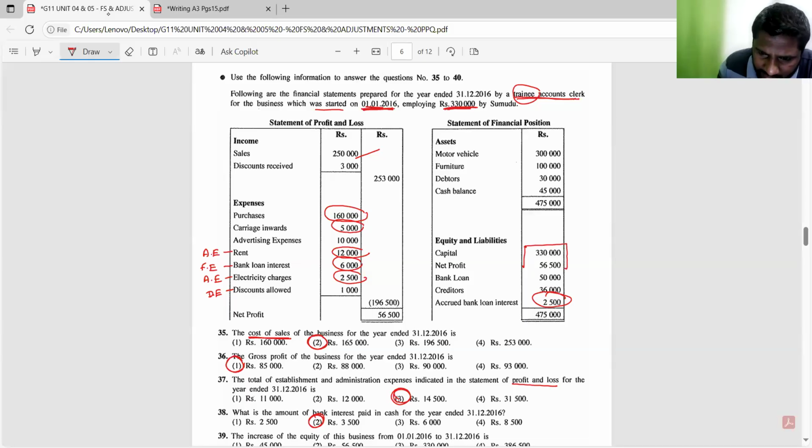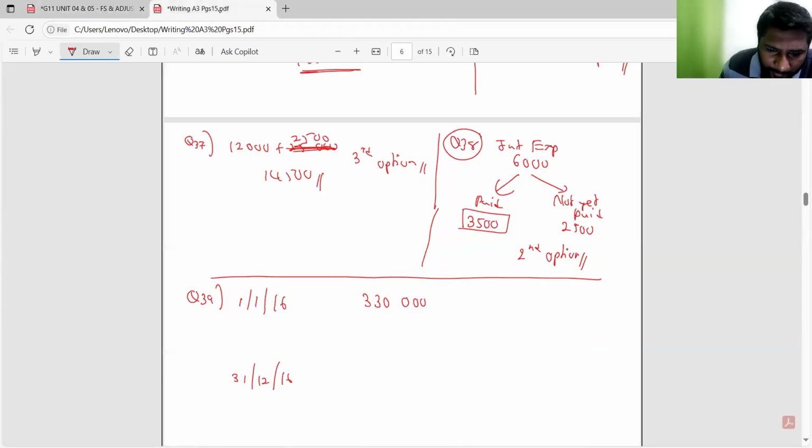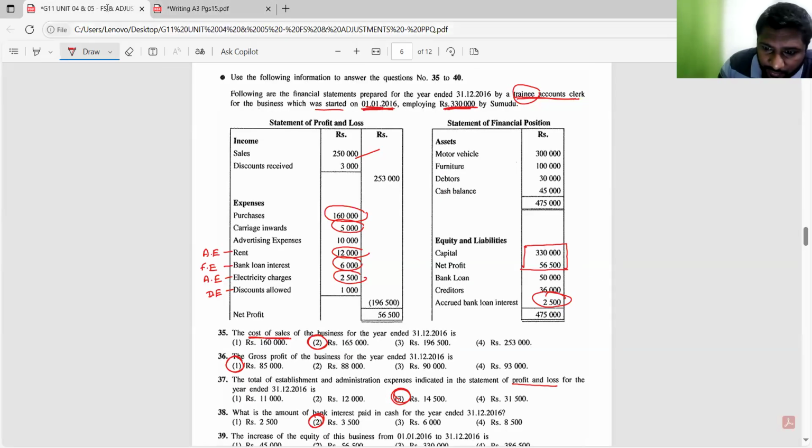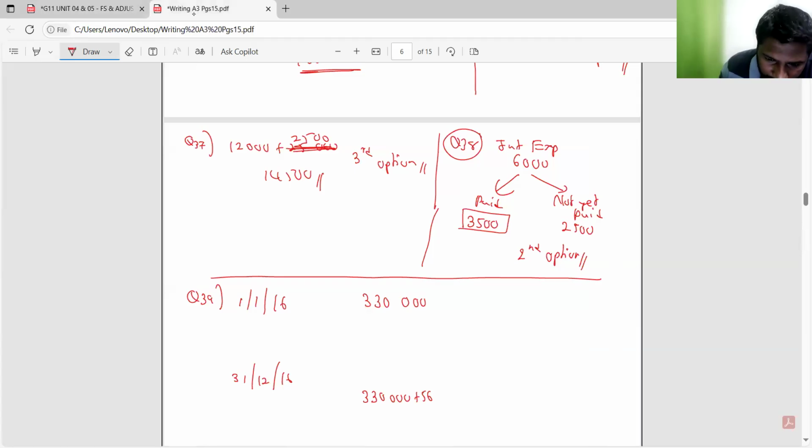Equity means the addition of capital and net profit as per the balance sheet. 330,000 plus 56,500. So this has gone up to 386,500.